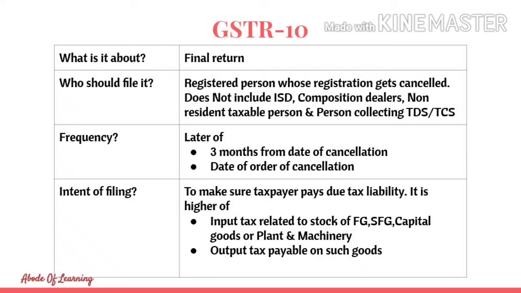Now, the intent, or why is this return there, or why is it important to file this? It is to make sure that a taxpayer whose registration is cancelled, for whatever reasons it could be, is paying their tax liability, and the tax liability is the higher of the input tax related to stock of FG, that is finished goods, SFG, that is semi finished goods, capital goods or plant and machinery, or the output tax payable on such goods.